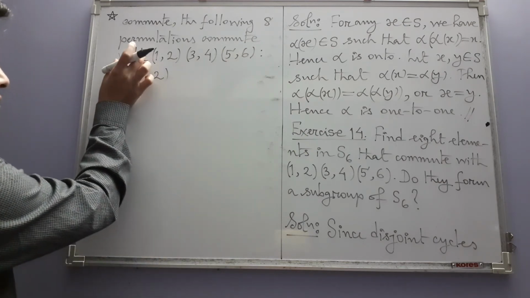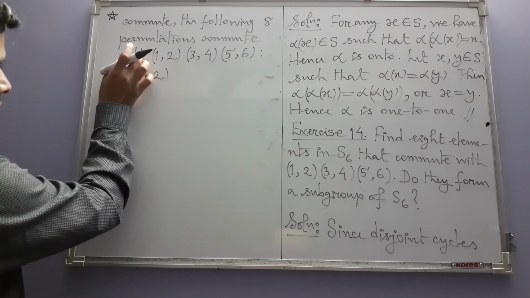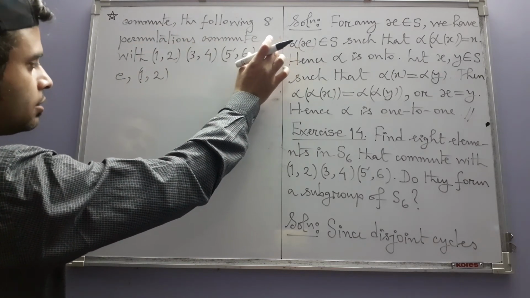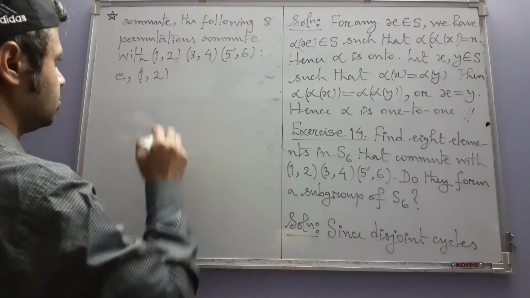So if you write (1 2) on this side and on this side, they mean the same permutation.